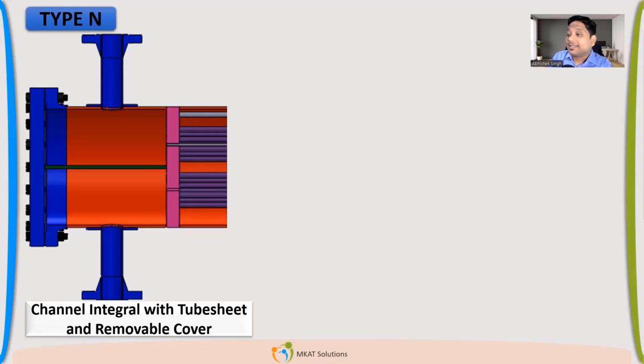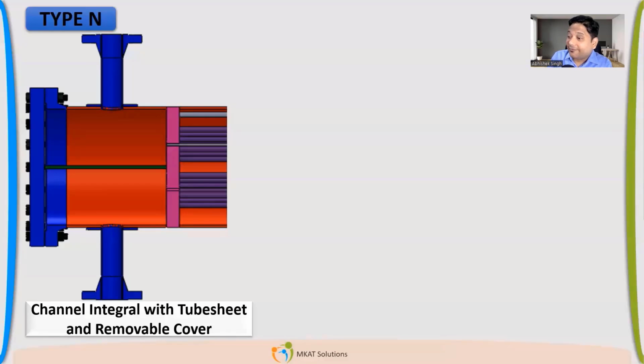If we see the shell side, if I have a lethal service in one of the sides, I'll put that in the shell side. Okay. Because in the shell side, there are no bolted connections, because bolted connections are more prone to leakage.